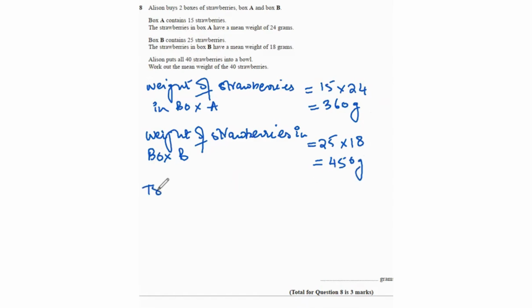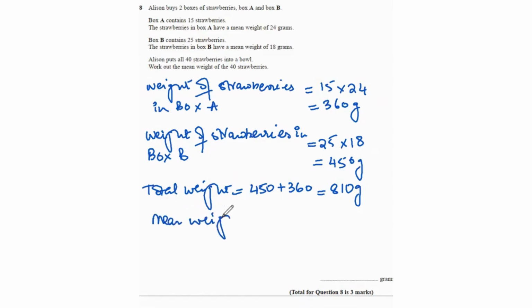So the total weight is going to be 450 plus 360, which equals 810 grams. So the mean weight for the 40 strawberries is going to be 810, which is the total weight of all of the strawberries, divided by the number of strawberries, which is 40.